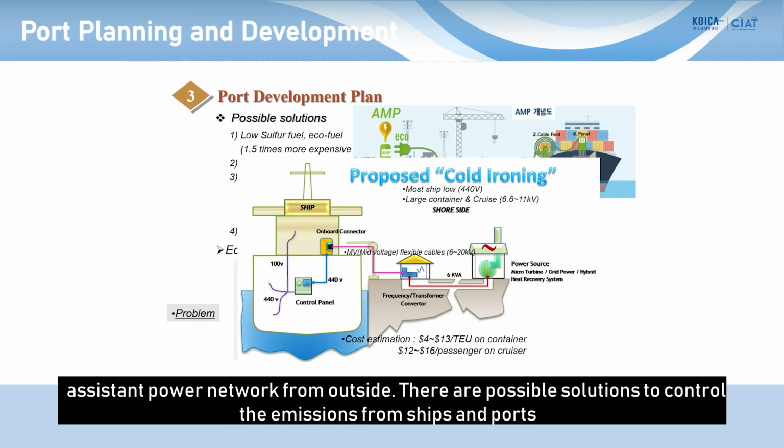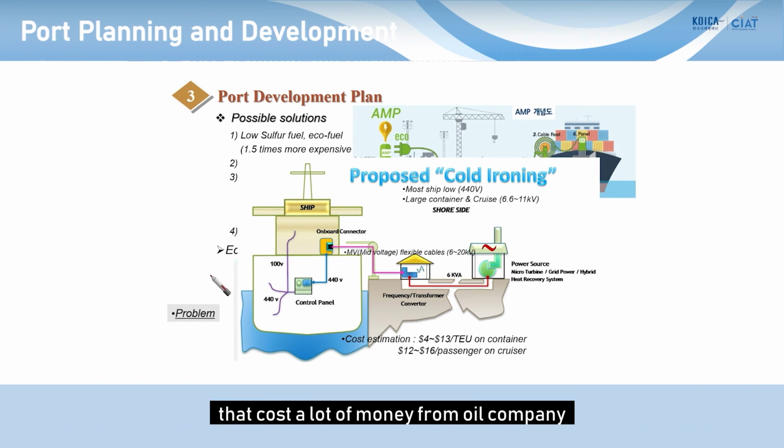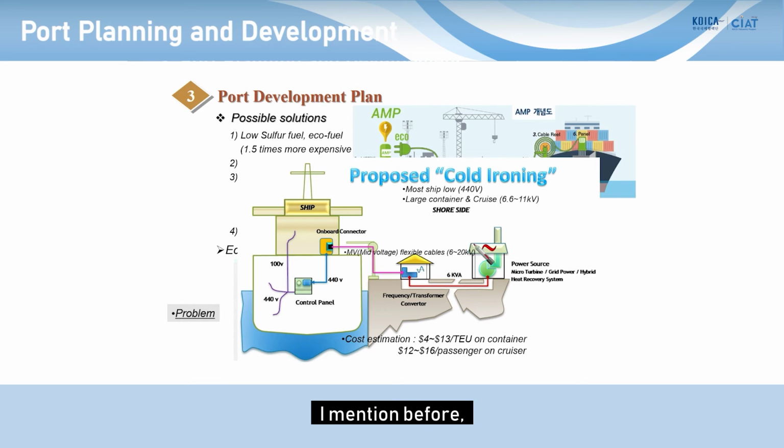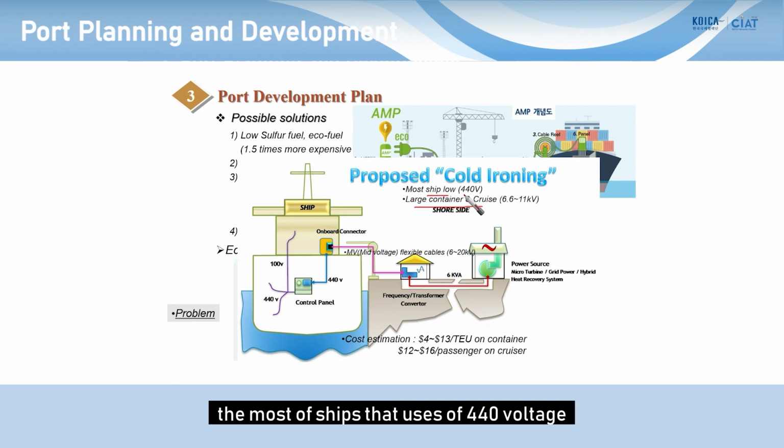There are possible solutions in emission control from ship and port. It is low fuel sulfur use, but the main trend costs a lot of money from the oil company. The latest trend is that AMP is the best choice nowadays. Anyway, as I mentioned before, the shore-side power system for large container and cruise ships necessarily needs about 6,000 to 11,000 volts. Most ships use 440 volts. So the port side prepares both.